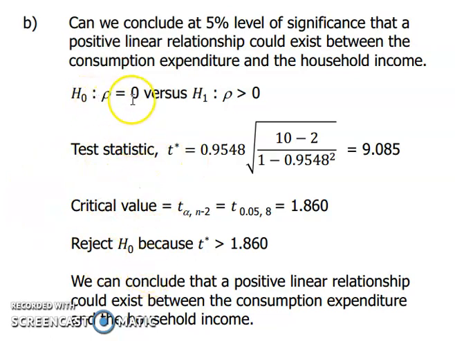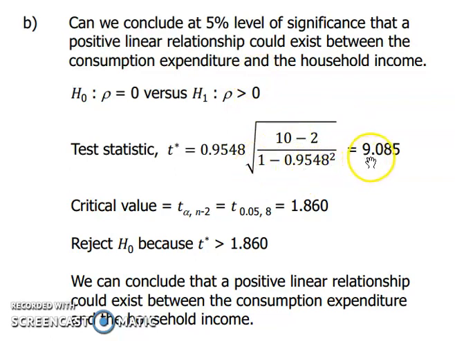So H0: rho equals 0, H1: rho larger than 0, because we are claiming a positive linear relationship. The test statistic is 0.95 multiplied by the square root of n minus 2 over 1 minus r squared.